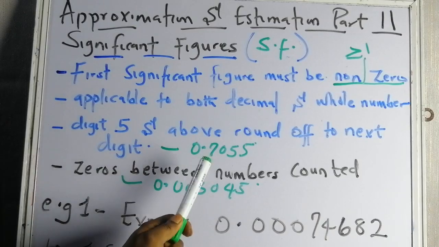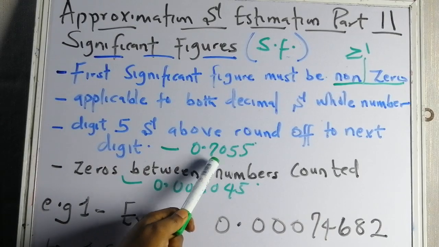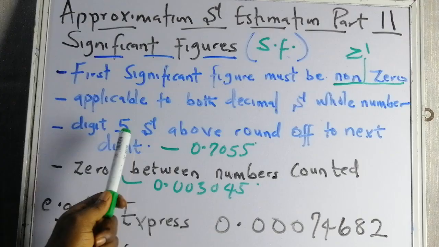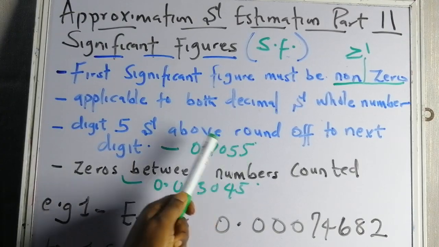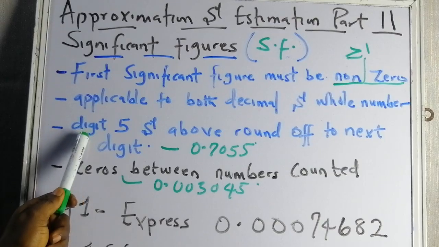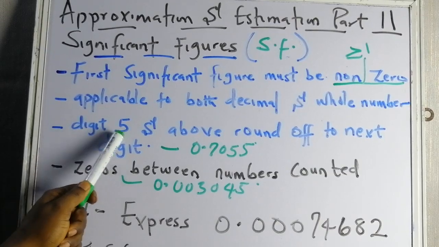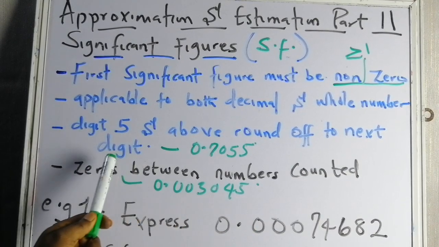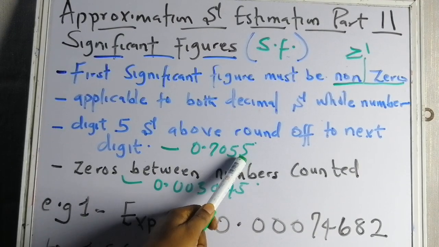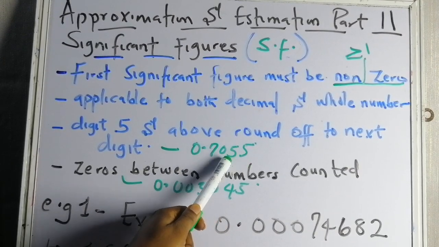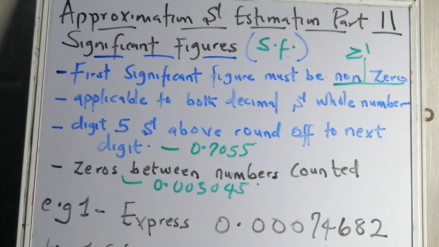If it is 3 significant figures, that will be 0.705. Now look at the next digit. The next digit here is 5. Don't forget, it states that digit 5 and above round up to the next digit. The next digit that follows after the 3 significant figures is 5, so I will add 1 to this. So the answer will now be what?